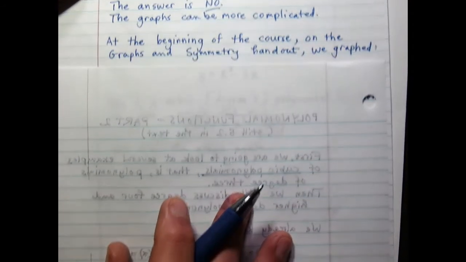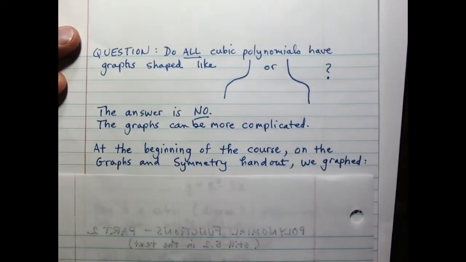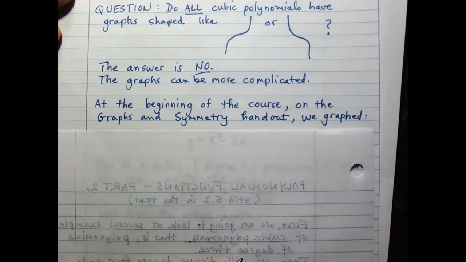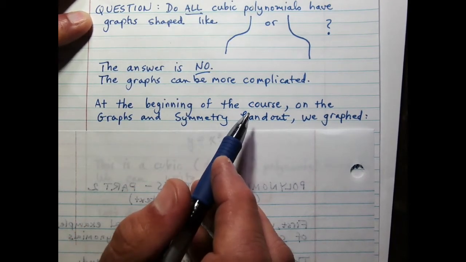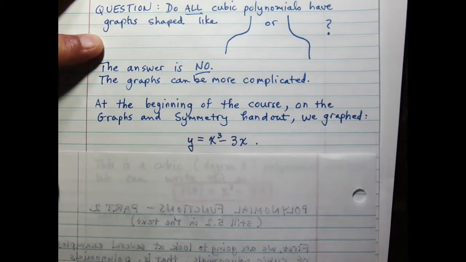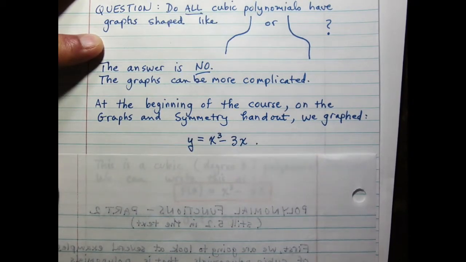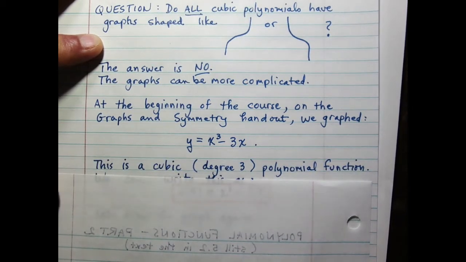And we've actually already seen an example of a cubic at the beginning of this course, on the graphs and symmetry handout. We graphed y equals x cubed minus 3x. And this is a cubic polynomial function.